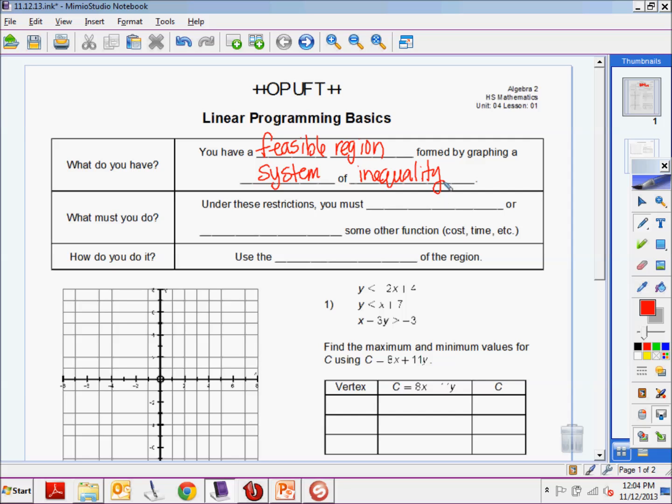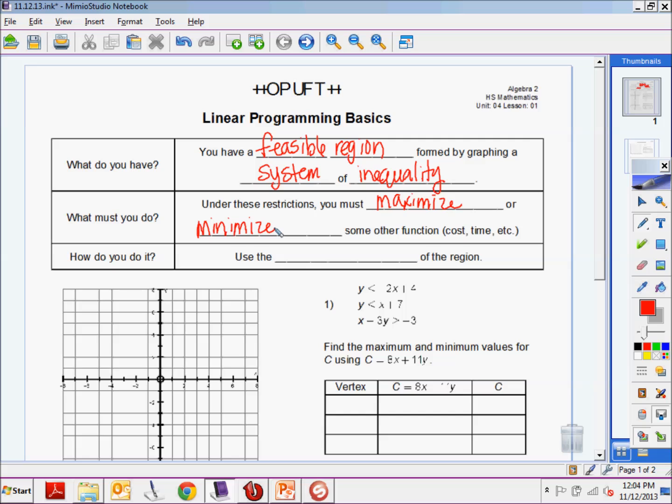Under these restrictions, you must maximize or minimize some other function, whether it's cost, time, or production. That's what you're trying to figure out: how can I maximize or minimize?